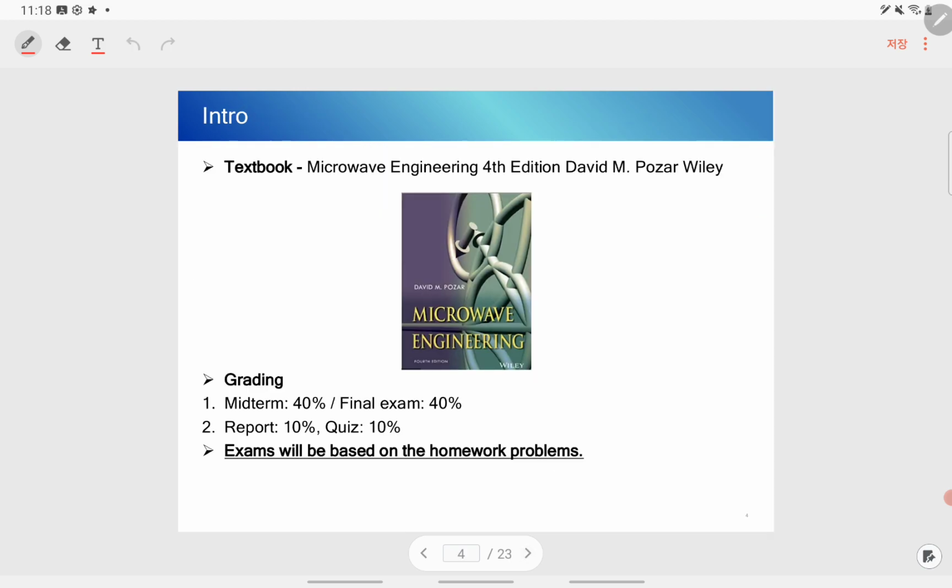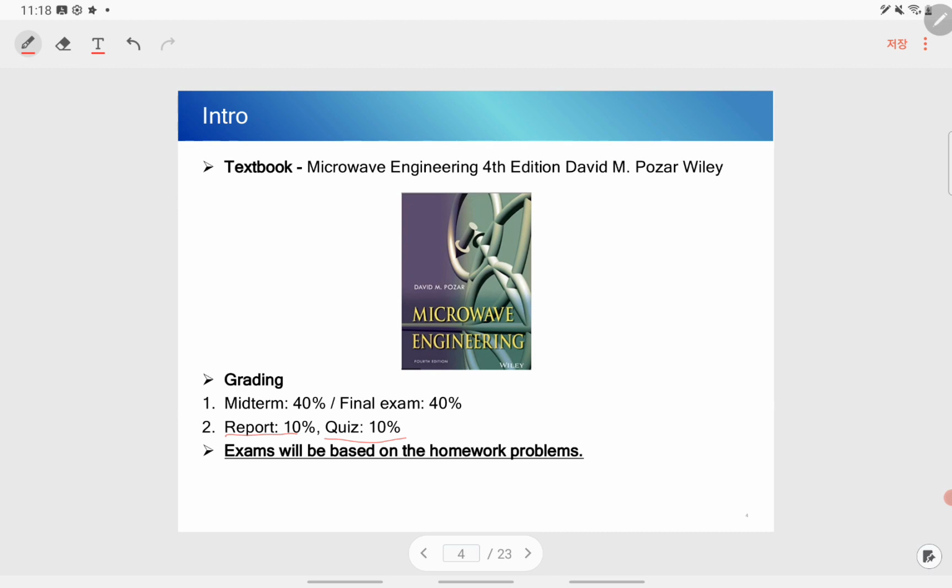In the course, we will use the microwave engineering book written by Professor Pozar. This is the most famous book in the microwave engineering field. In terms of grading, the midterm and final exam will each cover 40%, homework 10%, and quiz 10%.